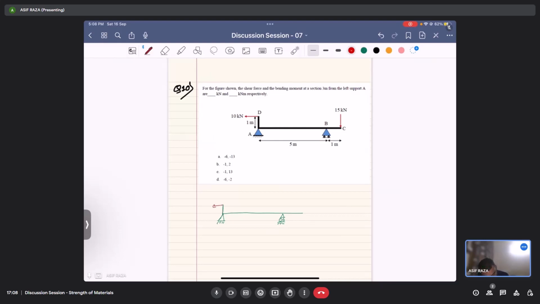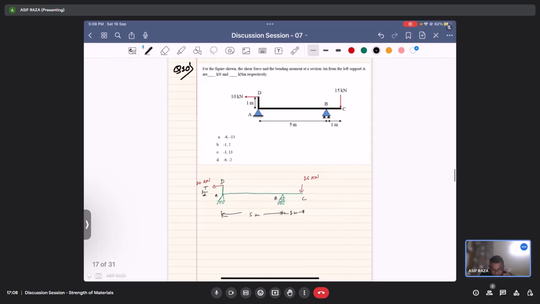Load is 10 kilonewton here and 15 kilonewton here. This is 1 meter, 5 meter, then 1 meter here. A, B, C, D. Okay, so we need to find from A 3 meter, right?